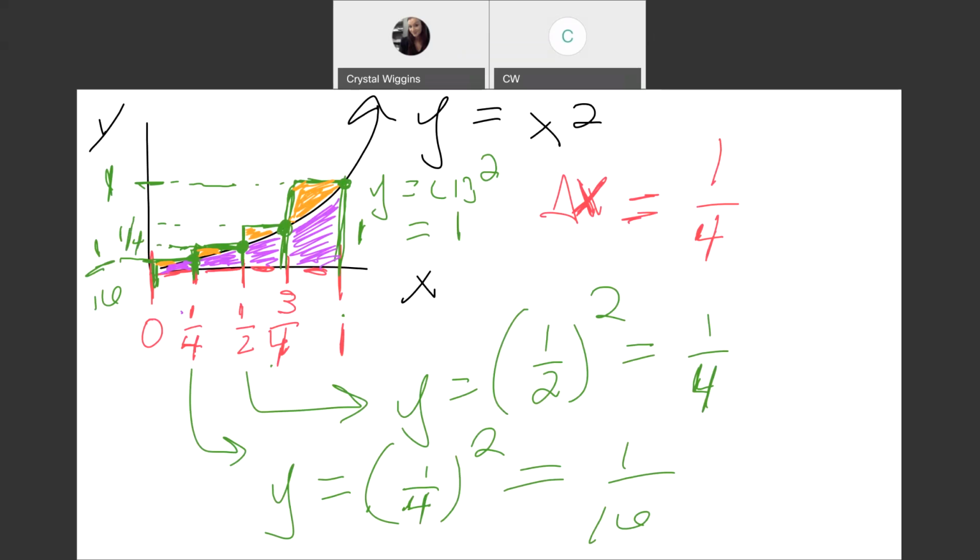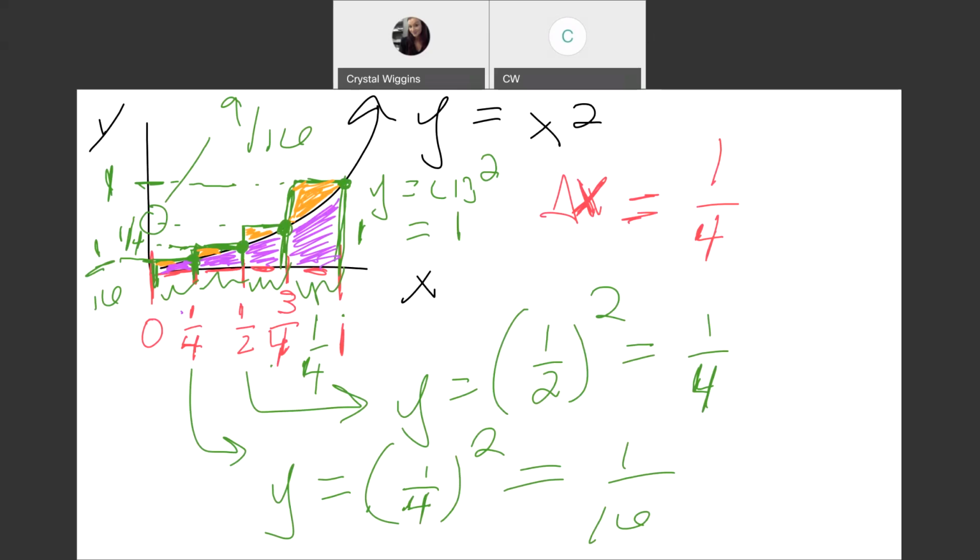And the one before that was 9/16. That was this one. So this one is 9/16. Okay, so we have heights of 1, 9/16, 1/4, and 1/16. And the widths are all the same. The widths are all a quarter, right? The difference between each of these x's is always a quarter.